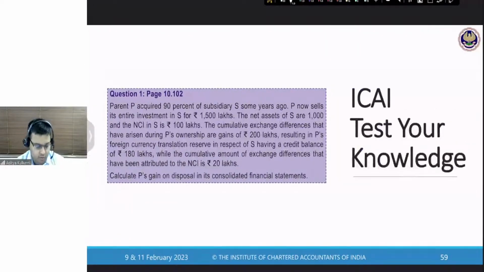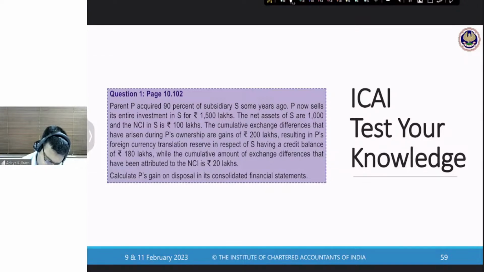Coming to the last question. Question number 1, page 10.102 of your study mat. Parent P acquires a 90% subsidiary S a couple of years ago. Now sells the entire investment for 1,500 lakhs. Net assets are 1,000.